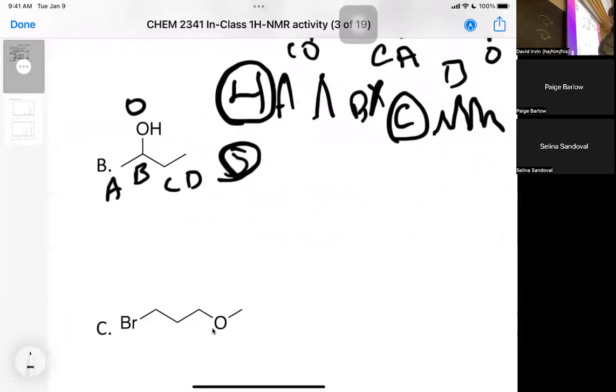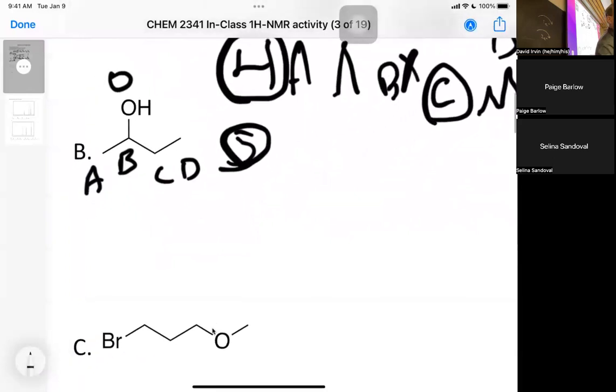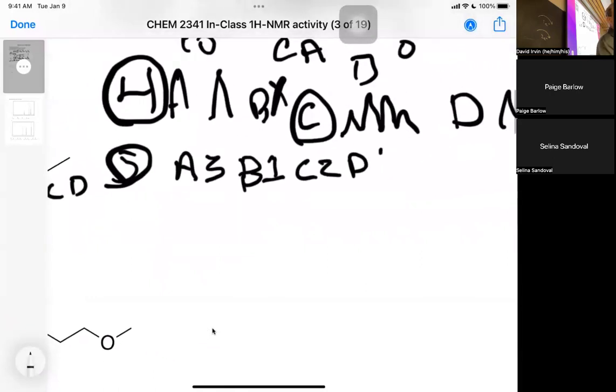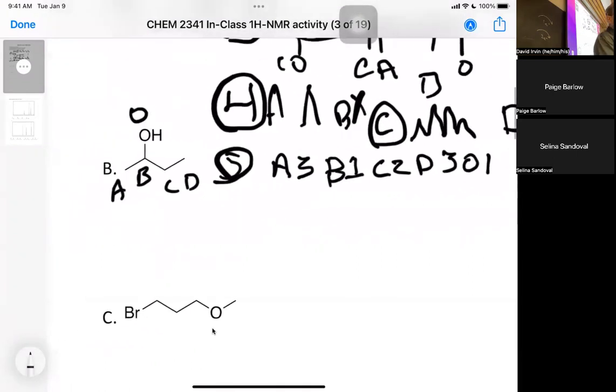All right, let's look at how many hydrogens are in each signal. A has 3 hydrogens. B has 1 hydrogen. C has 2 hydrogens, D has 3 hydrogens, and O has 1 hydrogen. That's pretty good. Let's start assigning right here, 0 to 10. The farthest up field is D, so we're going to put D down here.